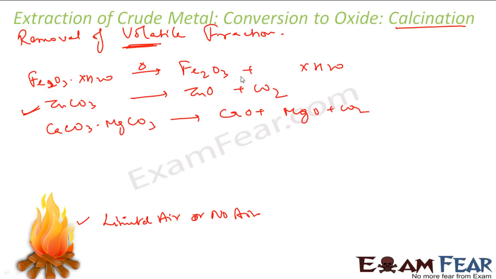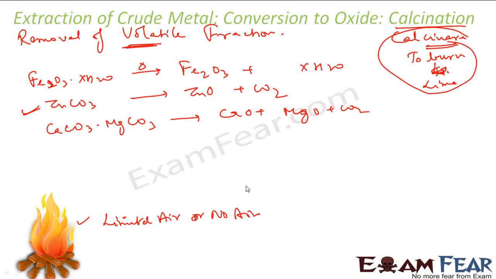Calcination is derived from the Latin word calcinare. And calcinare means what? To burn lime. This process was actually used to burn lime. Lime is CaCO3. So CaCO3, when you heat in absence of air, becomes CaO and CO2.